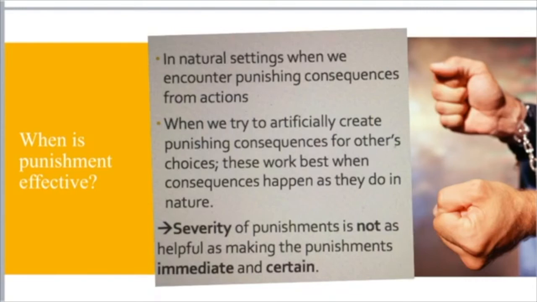It's also effective when we try to artificially create punishing consequences for others' choices. Ultimately, these work best when the consequences happen as they do in nature. So again, that natural piece, and this goes with going to jail or getting fined, the legal punishments that you might encounter for breaking the law.